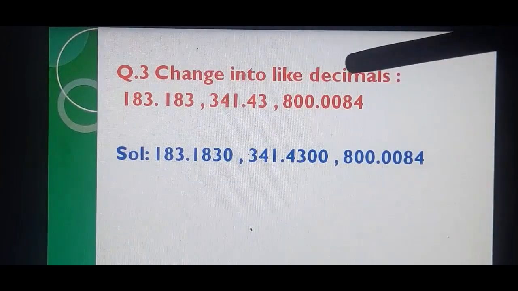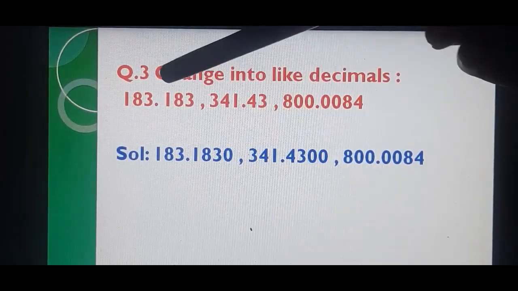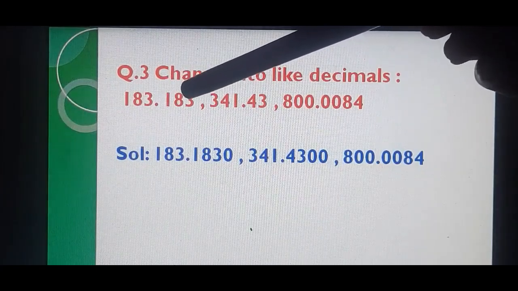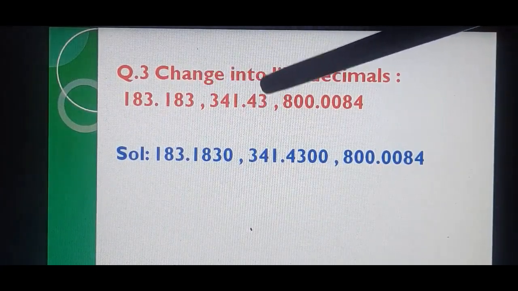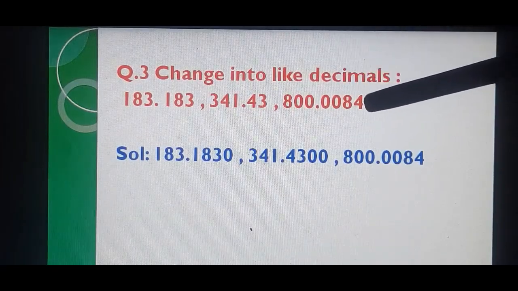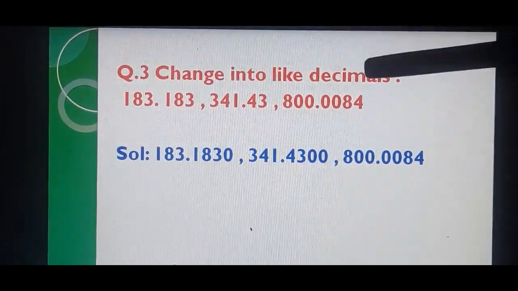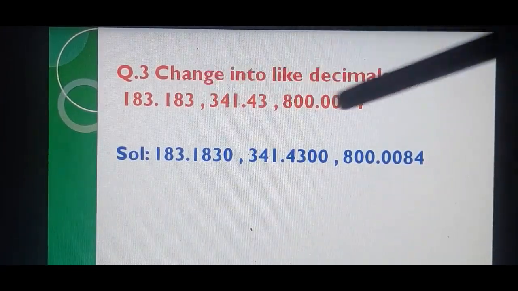Like decimals are decimals having the same number of places after the decimal. So see, 1, 2, 3 places in the first number. 1, 2 places in the second number. 1, 2, 3, 4 places in the third. So the maximum is 4. To make them like, we will take 4 places after the decimal in each number.